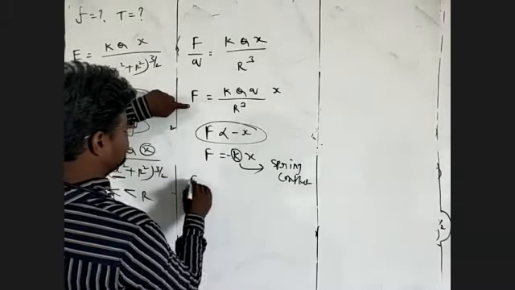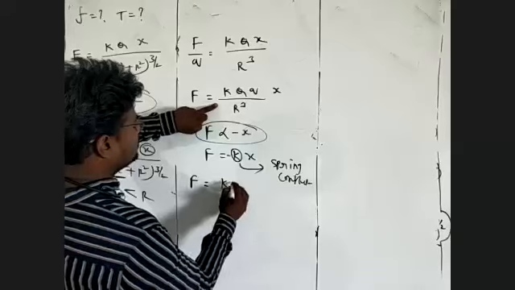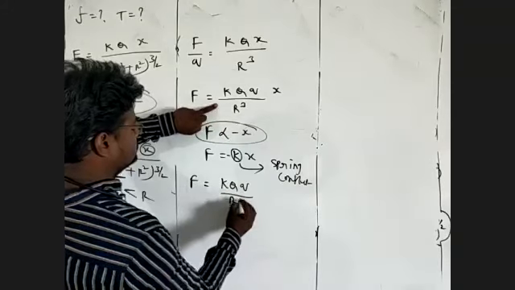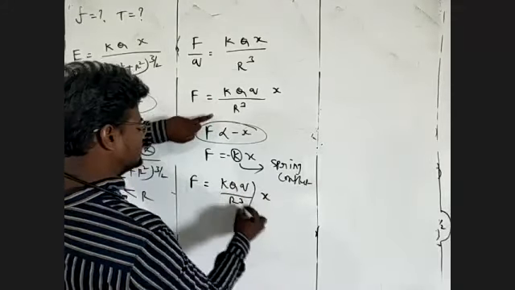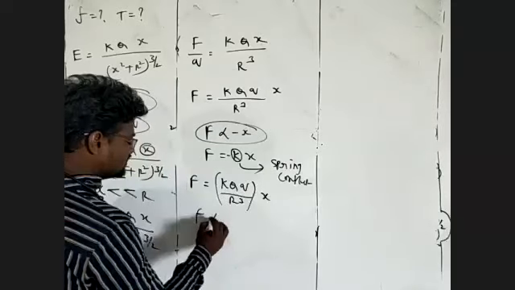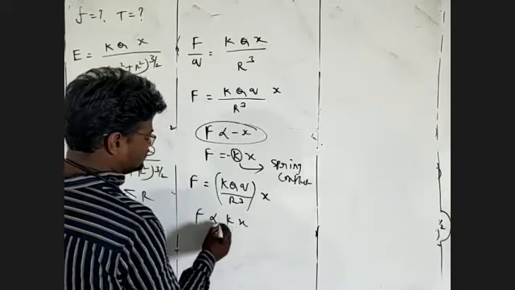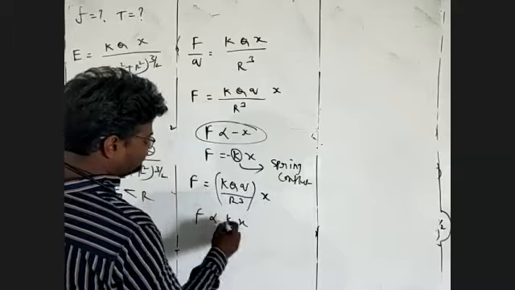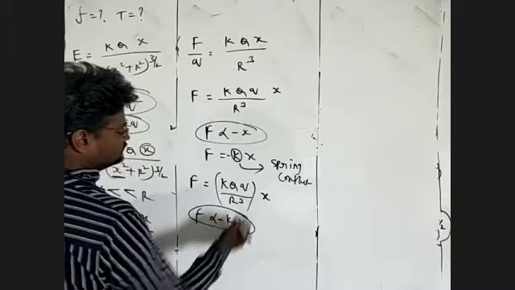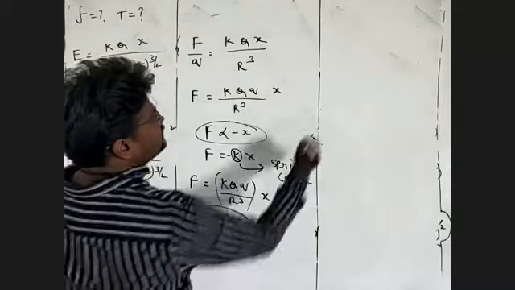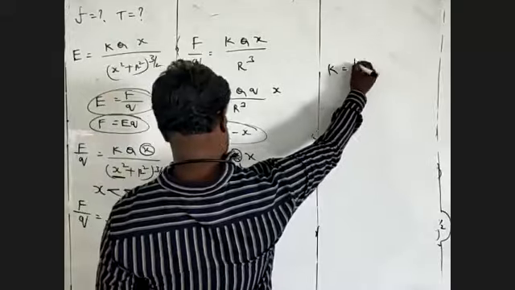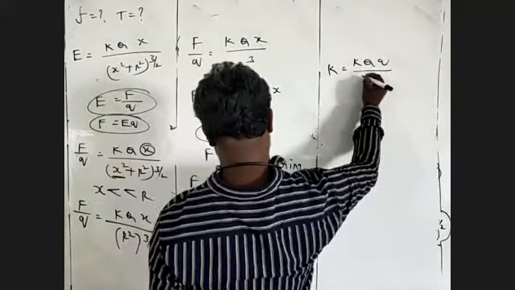F is equal to KQ by R cube times x. This is F directly proportional to x. So what is K? K is equal to KQ small q by R cube.